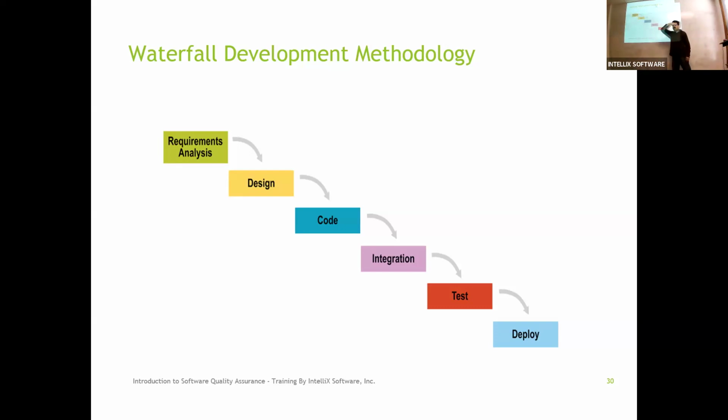Think about how water flows in a waterfall, right? Every time you put it at the top, it has to fall all the way down. So if you do it that way, hey, I want all the requirements up front, and then I can design what the software needs to be.